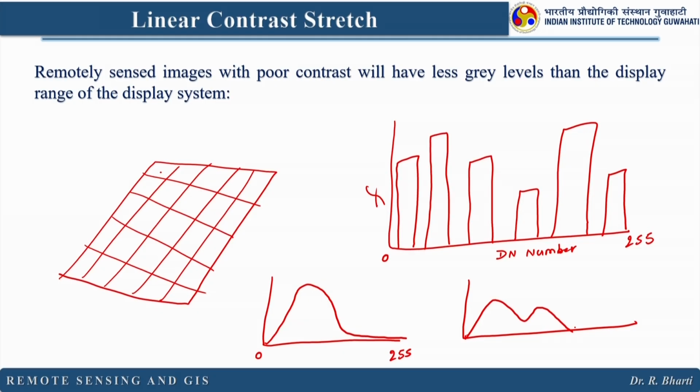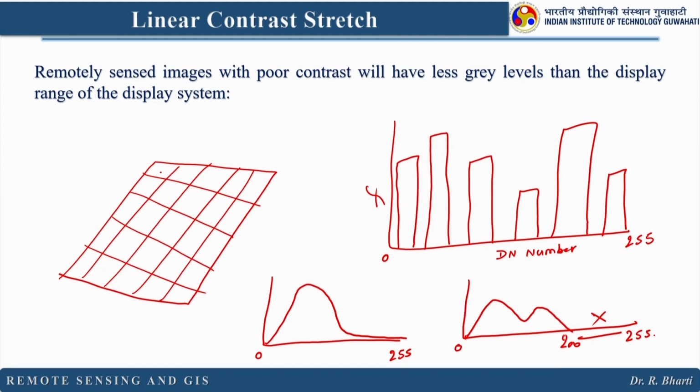So what is happening here? Basically you are not occupying the full 0 to 255 range. Here it is empty, there is no data. All the values are from 0 to maybe, let us say, 200. All the values of your image are starting from 0.